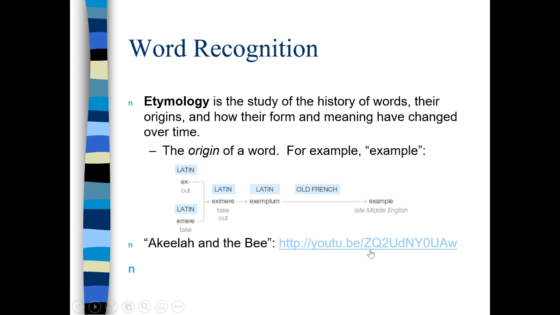I suggest just watching this clip if you have an extra couple of minutes to do so, because it's cute and funny, but it's also very informative for you as a teacher to be able to recognize that these giant words that your students are struggling with, you can help them by helping them recognize how to break down the etymology of those words.